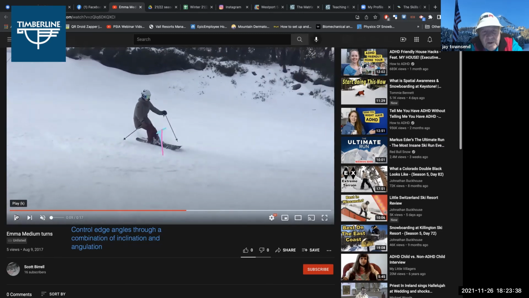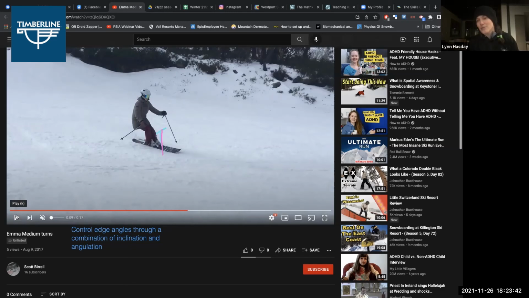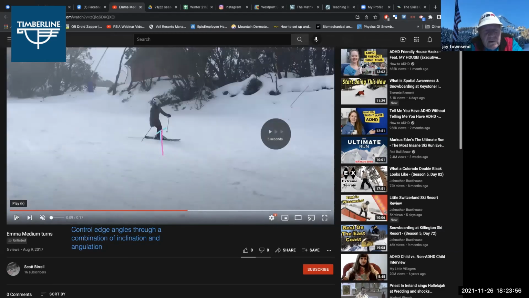She seems to be following the skis more there. Exactly. She's following the skis more with her shoulders. So that would be an indication moving towards upper and lower body separation, that she's more aligned than separated. For sure, I get that.